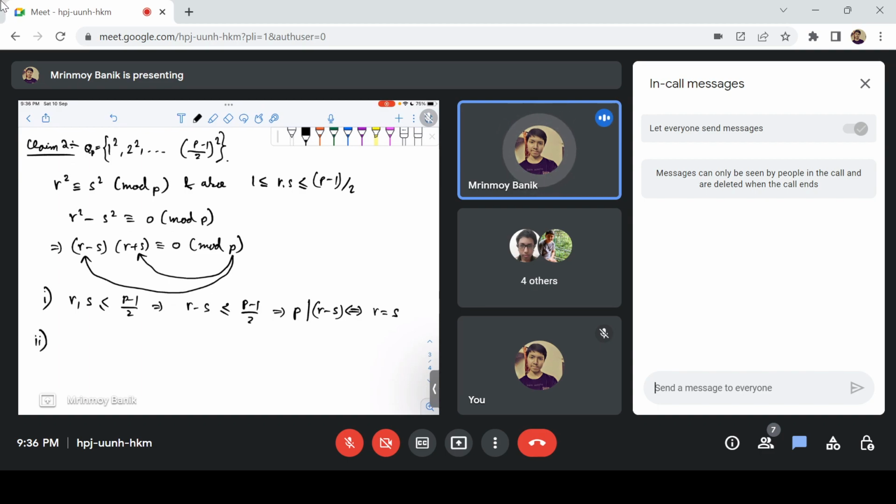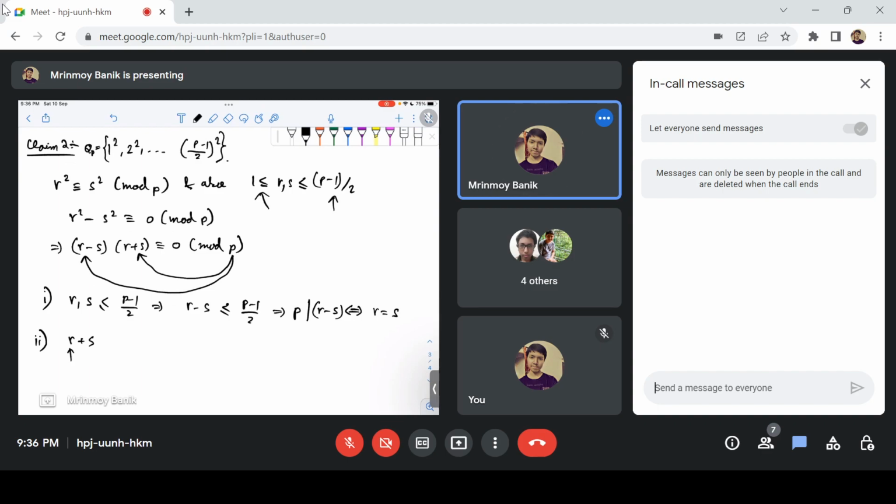P is contained in the second factor. So what can we say about r plus s? So r is in between 1 and p minus 1 by 2, and s also has the same thing. This is a comma here in between, not a product.